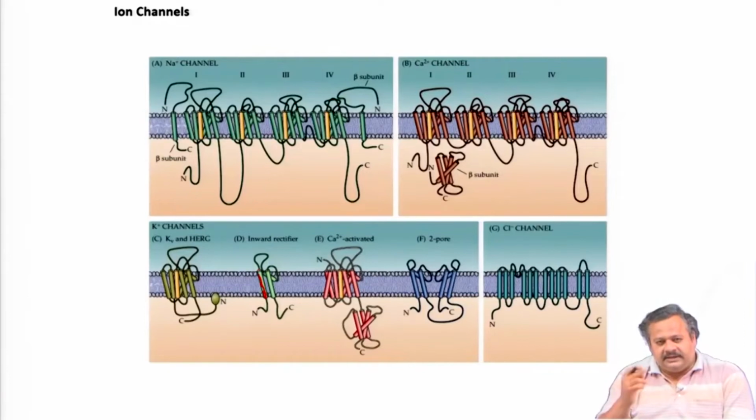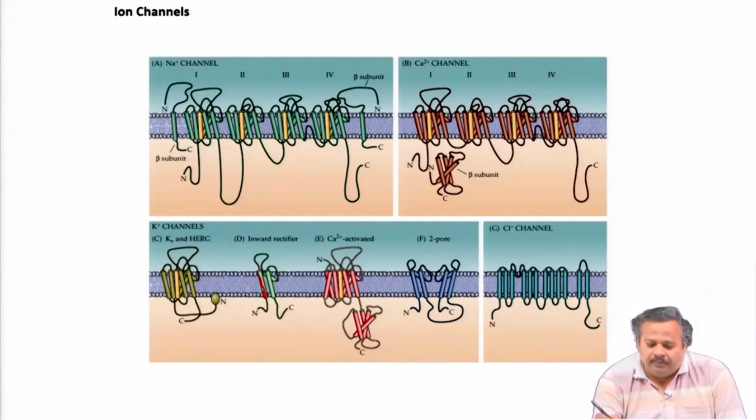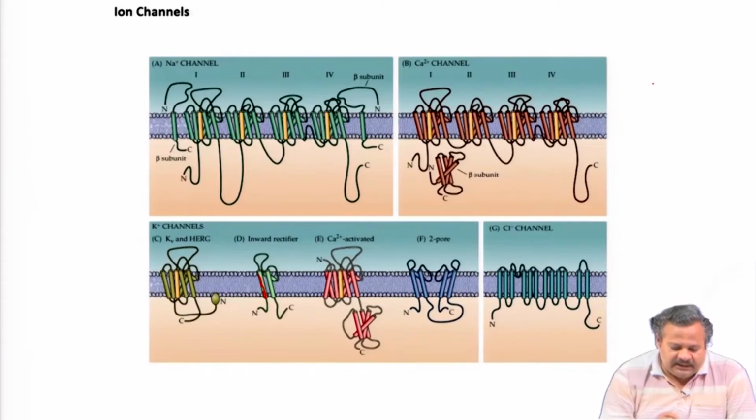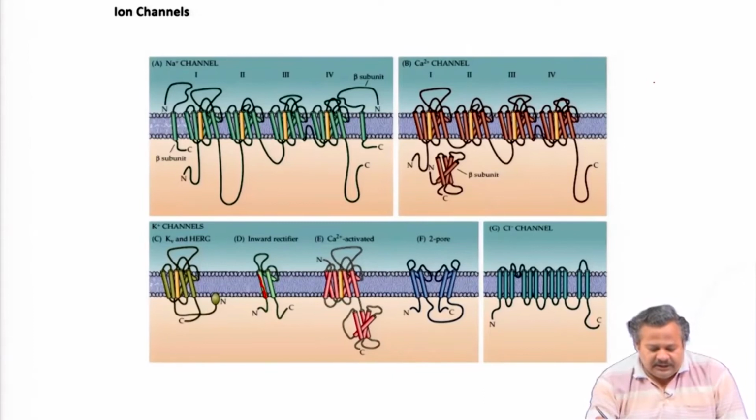This has a helical structure in general, as we see in transmembrane proteins, and they make an arrangement in such a way that multiple such subunits come together to form a pore. If we think of the voltage gated potassium channel, there are 6 subunits like the one shown that come together.